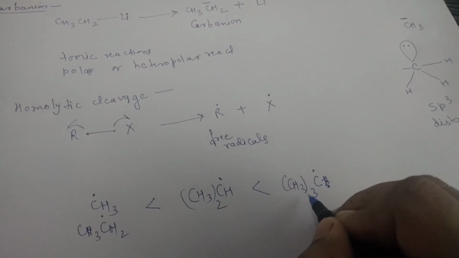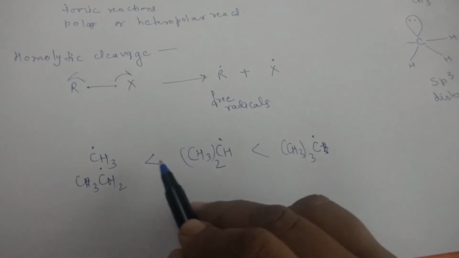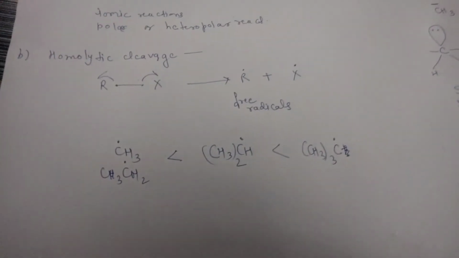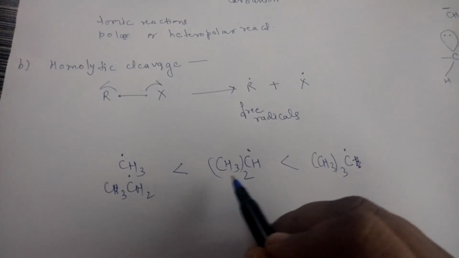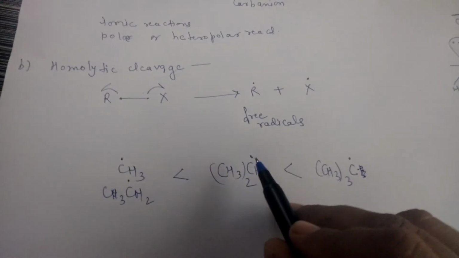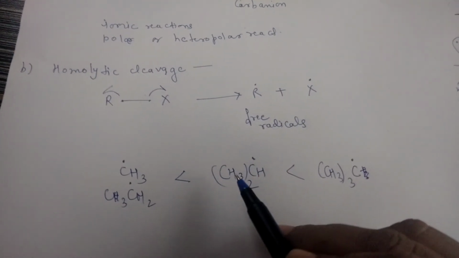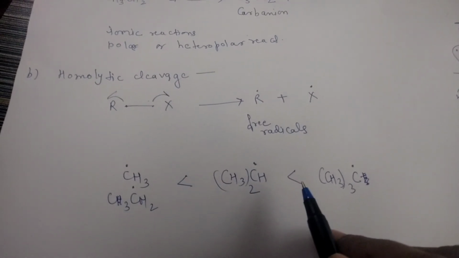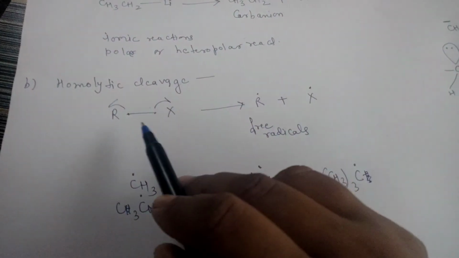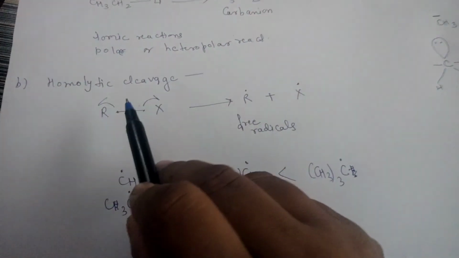Here also stability increases like this, because alkyl groups are electron releasing in nature. Here there is only one electron, they will compensate. So more alkyl groups means more stability.